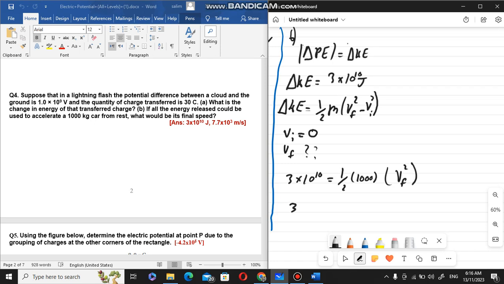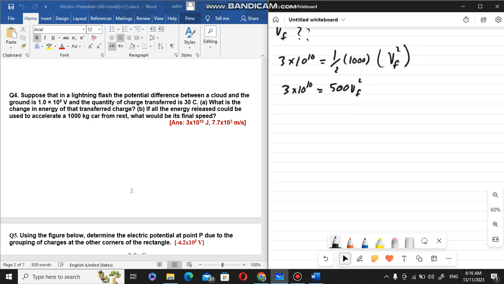So we have 3 times 10 power 10 is equal to 500 times V final squared. So V final squared is equal to 3 times 10 power 10 divided by 500, since the 500 is multiplied by V final squared and not the 3 times 10 power 10. This is why we divide by 500.